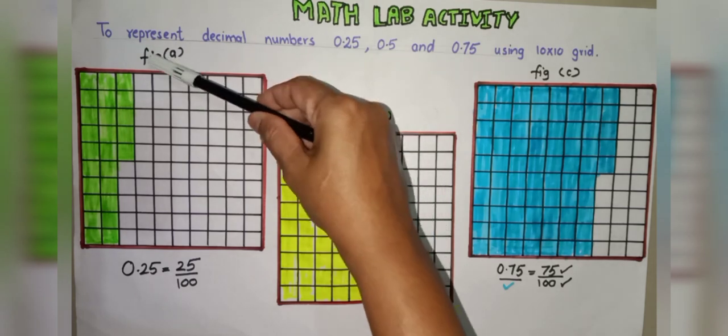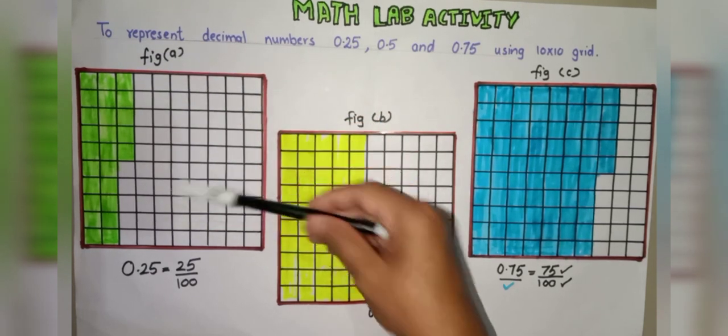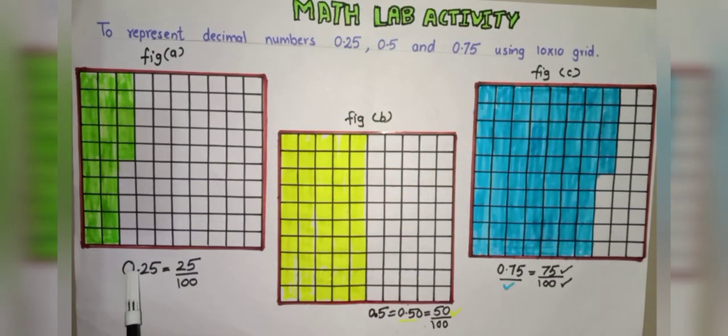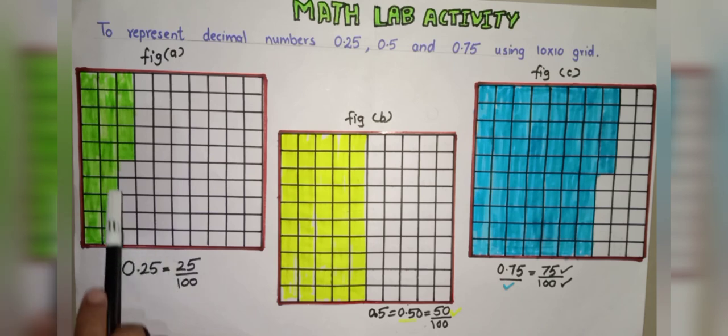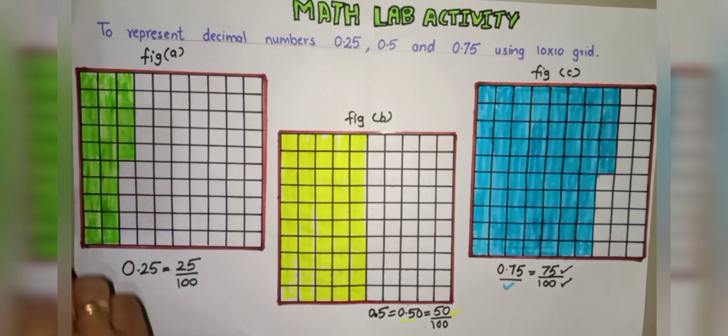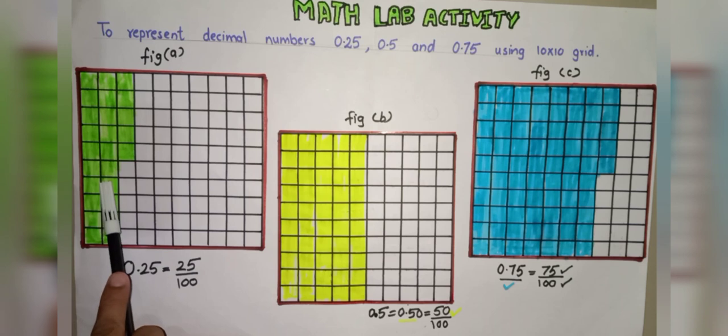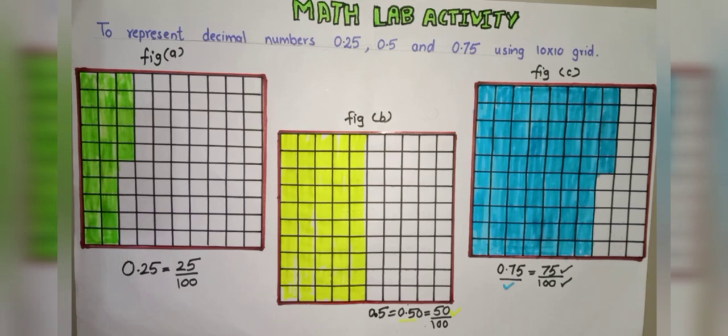So children, here figure A represents the decimal number 0.25. That means out of 100, 25 squares are colored or shaded. Then figure B represents the decimal number 0.50 or 0.5, which is equal to 50 upon 100.